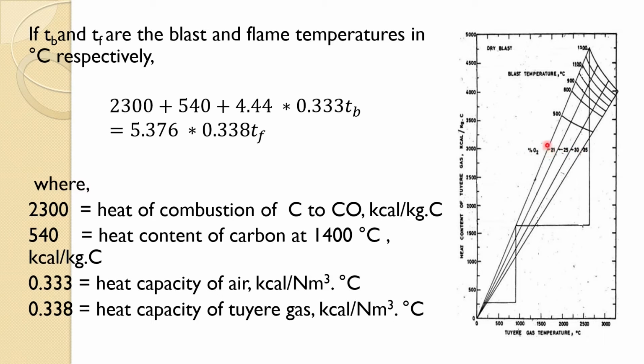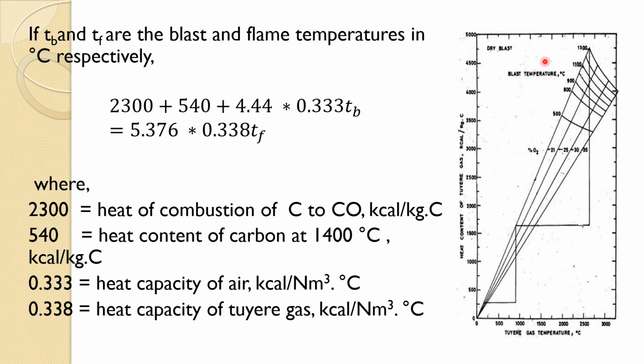So, this is oxygen enrichment if you put it. 21% represents normal air, and this is the enrichment of the air with oxygen, and from that one can easily calculate the heat content of the gases, the flame temperature or gas temperature, or the blast temperature.